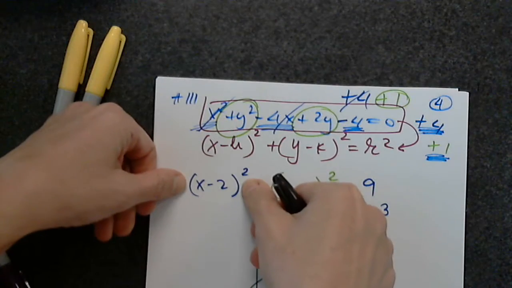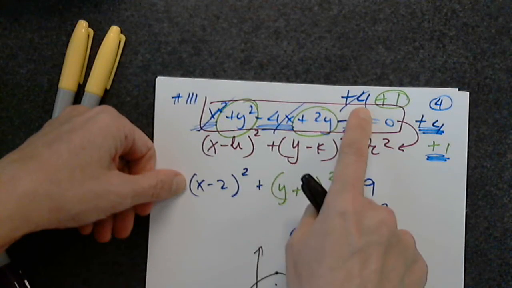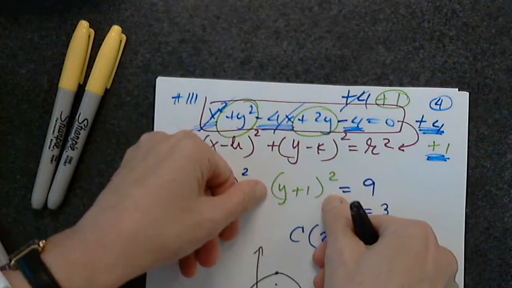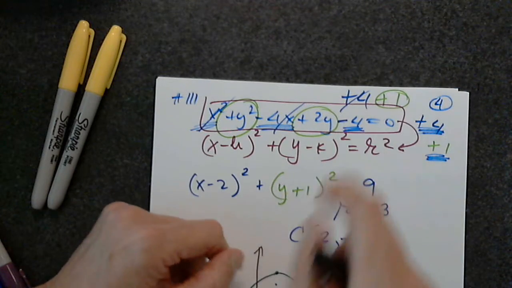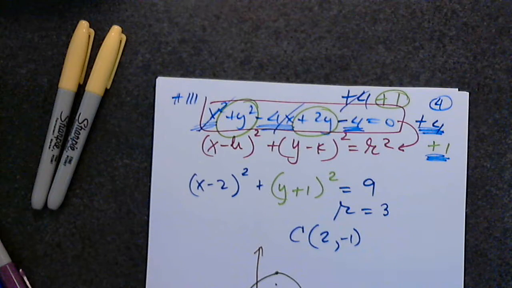So when you expand this, you have x squared minus 4x plus 4. When you expand this, you have y squared plus 2y plus 1. But why are we having plus 4 on the other side? Can you add 4 to one side of the equation without adding to the other? So minus 4 is the only thing left. No. The question is different, I think.